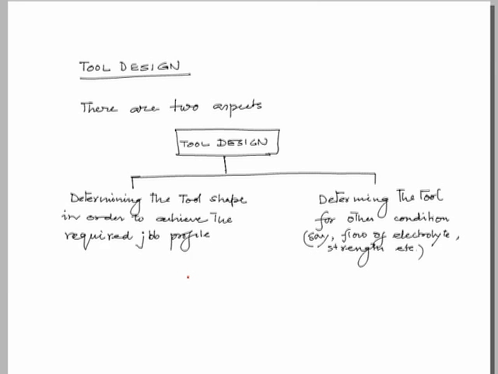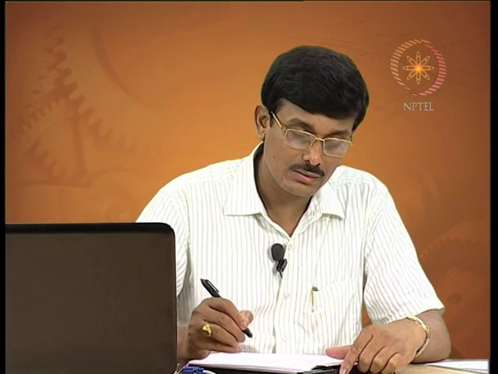Now, here let us consider the primary task of determining the tool shape. We will mostly consider the determination of the tool shape in terms of a mathematical equation. Let us consider the cos theta method.